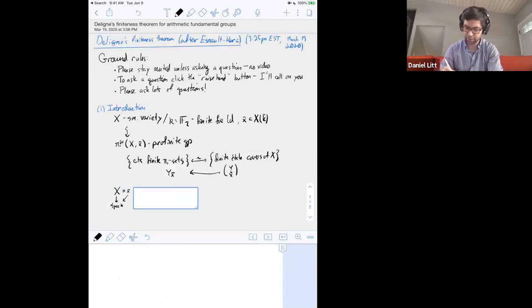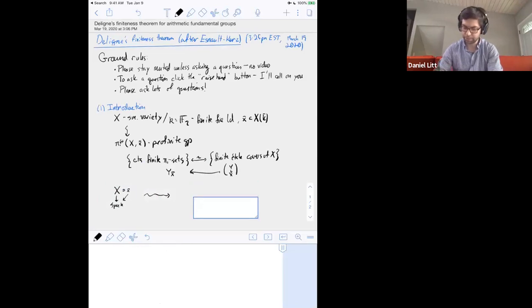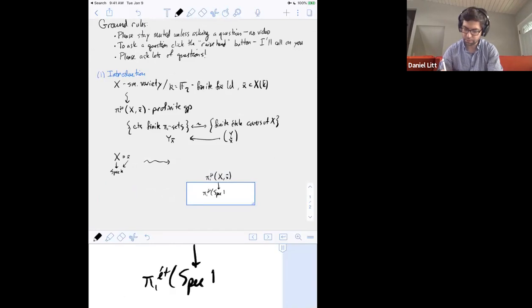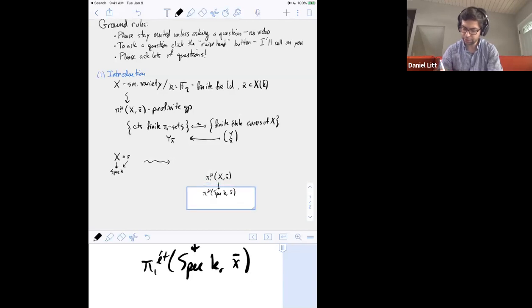So from this data, we get a map of fundamental groups, which I'll start writing a little bit lower. So we have the étale fundamental group of X, the thing we're studying, and that maps to the étale fundamental group of the point with this base point X bar. And it turns out this map is surjective.